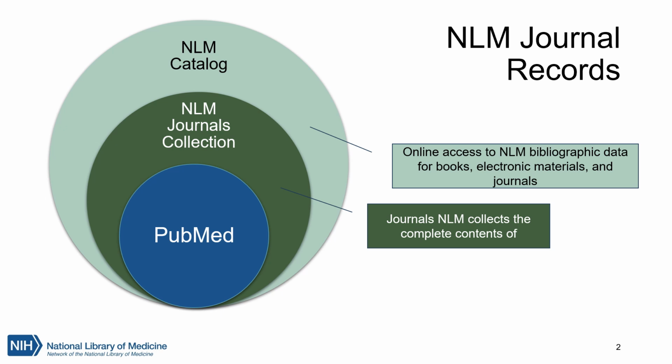The NLM catalog includes records for journals that are not selected for the NLM Journals collection, which is why the NLM catalog circle is larger than the NLM Journals collection circle here. We'll review why that is later in class.